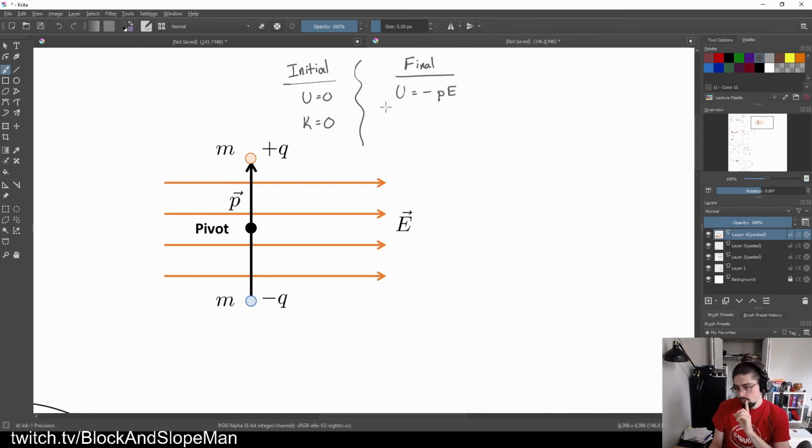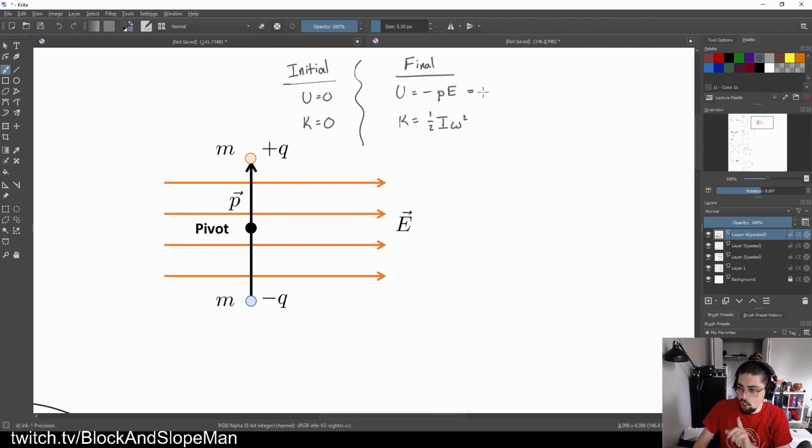However, we've got one last thing to deal with here, and it's the fact that we don't have any translational kinetic energy. We have rotational kinetic energy. Just a little bit different, remember. But rotational kinetic energy is 1/2 I omega squared. Okay, well, let's think about this thing piece by piece then.